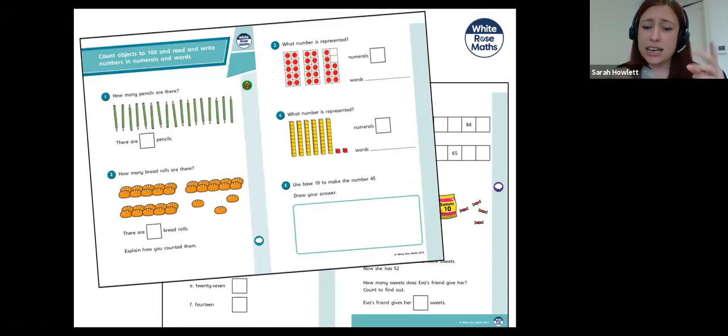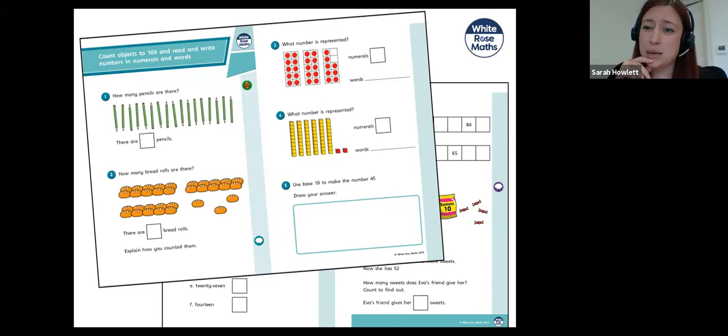We also have, now these ones are not free, but we do have a premium resource subscription, which has PowerPoints. It links to our free home learning videos, which you may or may not have seen. They're brilliant as well. They've been used for a lot of home learning and remote teaching, but actually for getting teachers to reflect on why they have picked to use a 10 frame to represent that and not a bead string, for example, is also really great.